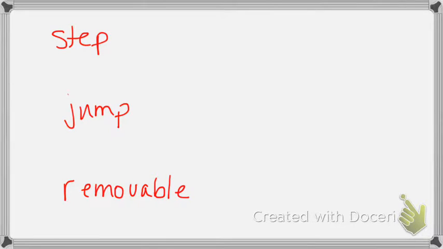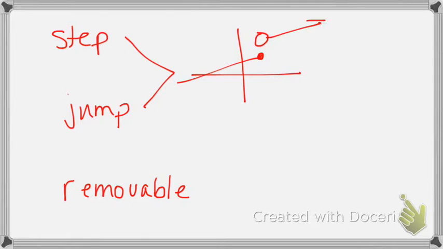Last but not least, I just wanted to tell you about these 3 words. A step function and a jump function are pretty much the same. They are like a piecewise function where you start on one piece and you have to step over to get to the other piece. Something like that is a step or a jump function.